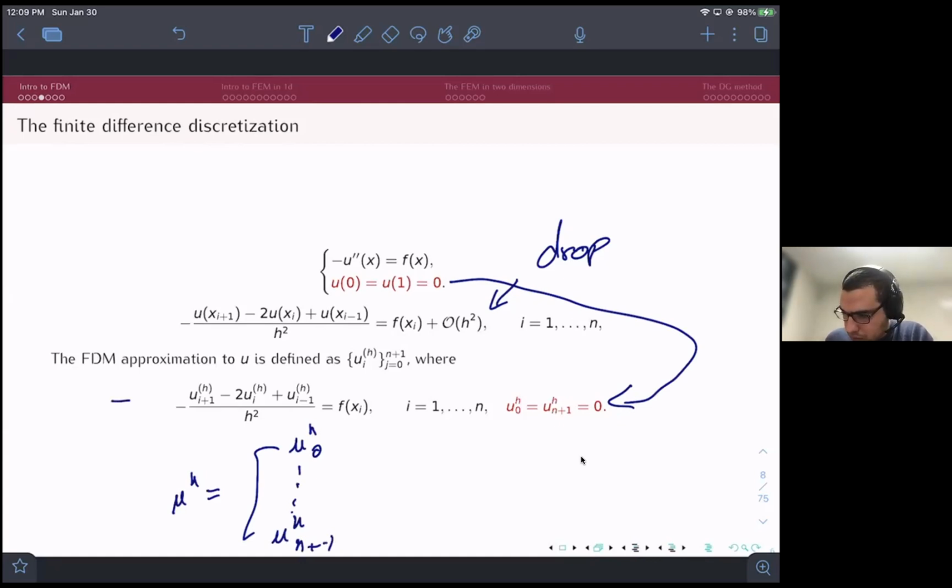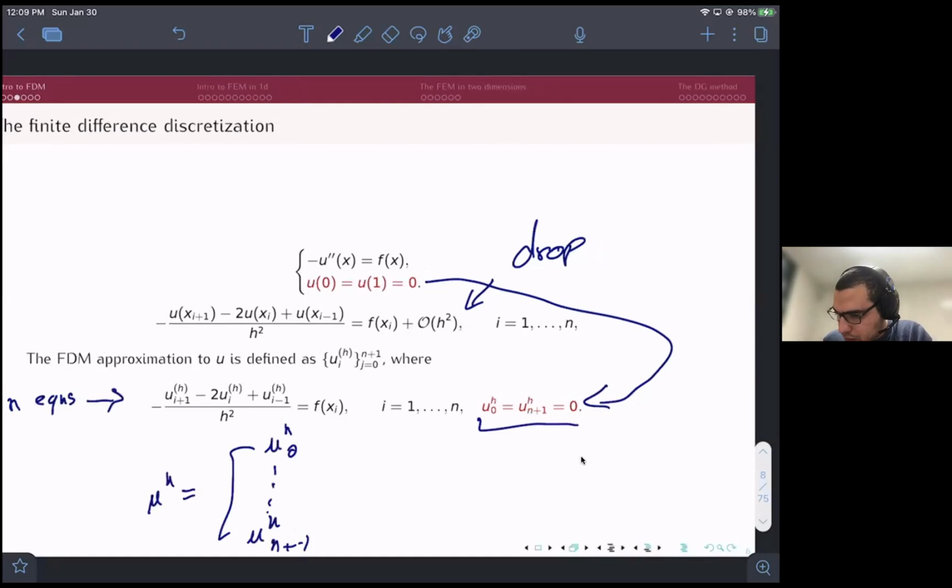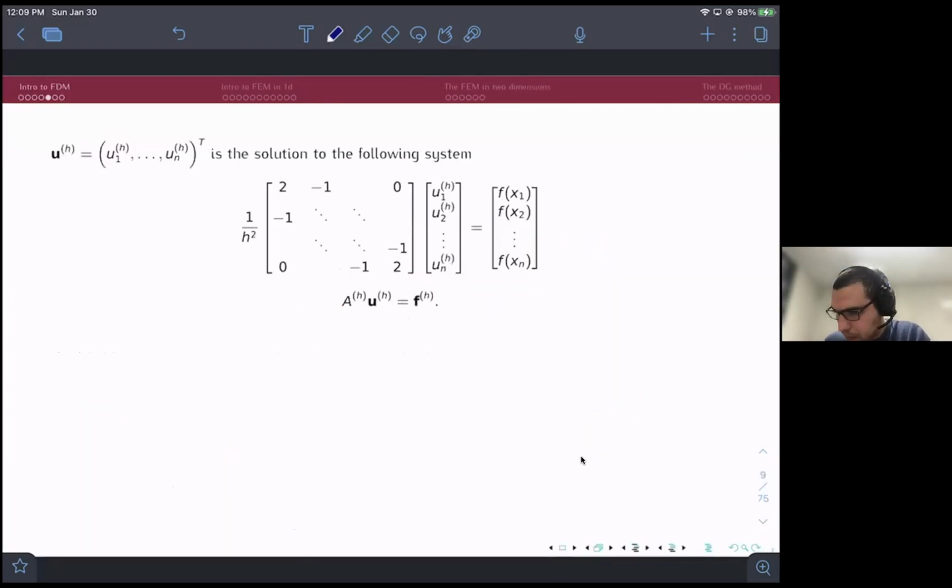And this is a set of n equations. And I have two other equations here. So I have n plus 2 equations. Two of them are trivial. And then I can write it in matrix form. And I have a matrix A times a vector U is equal to a vector F. So at the end of the day, you are just solving a linear system.